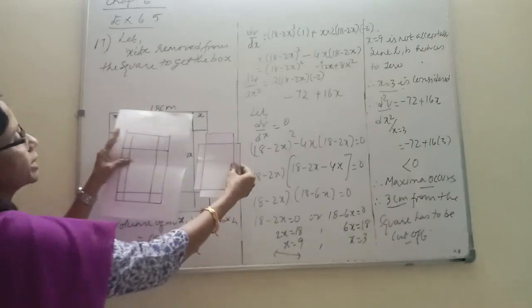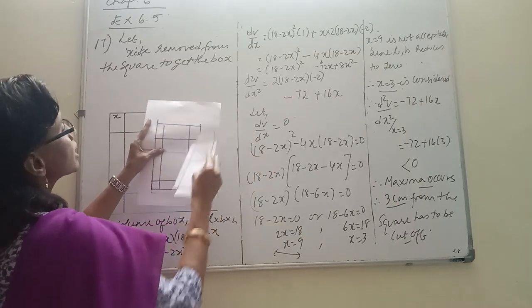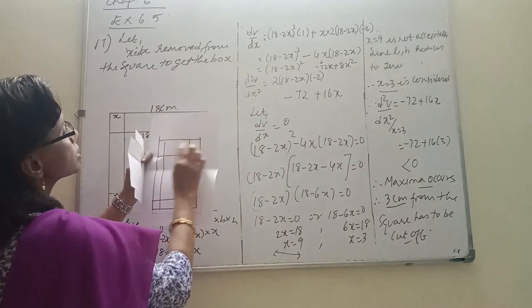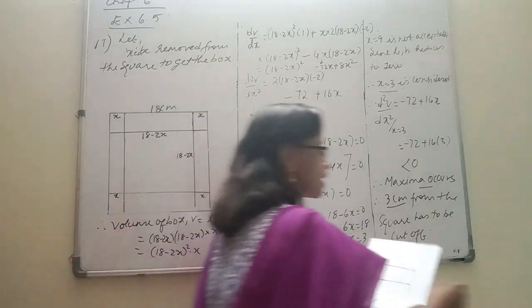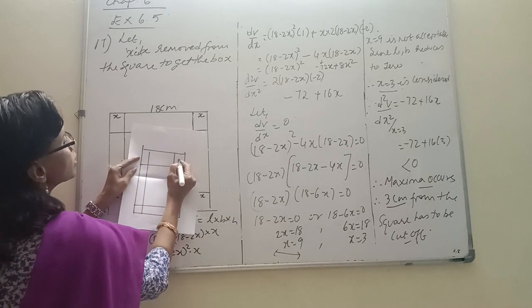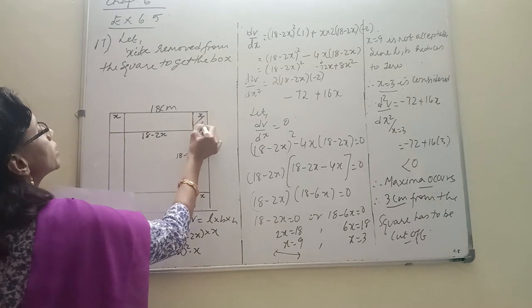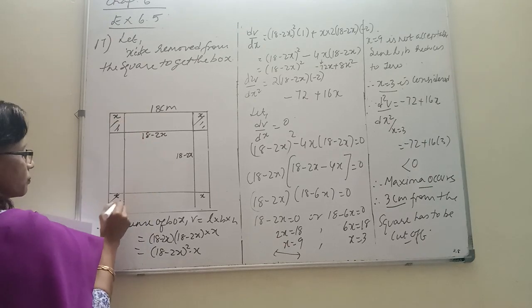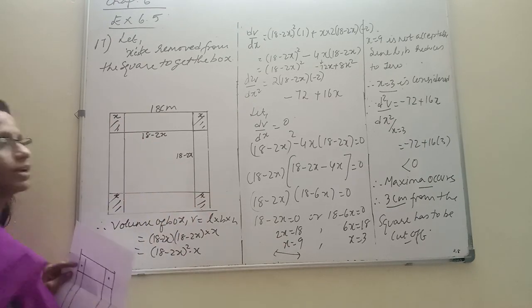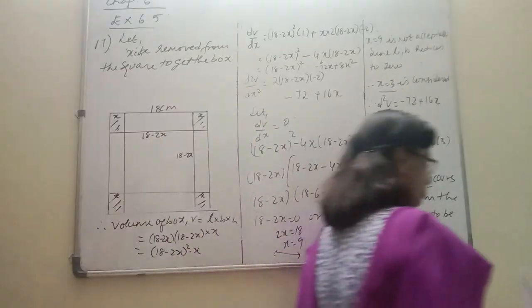I hope you're able to identify. So you take this net, cut off these squares, and that's how you get a box. These squares need to be cut off, and when from this figure these squares go off, you get the open box.